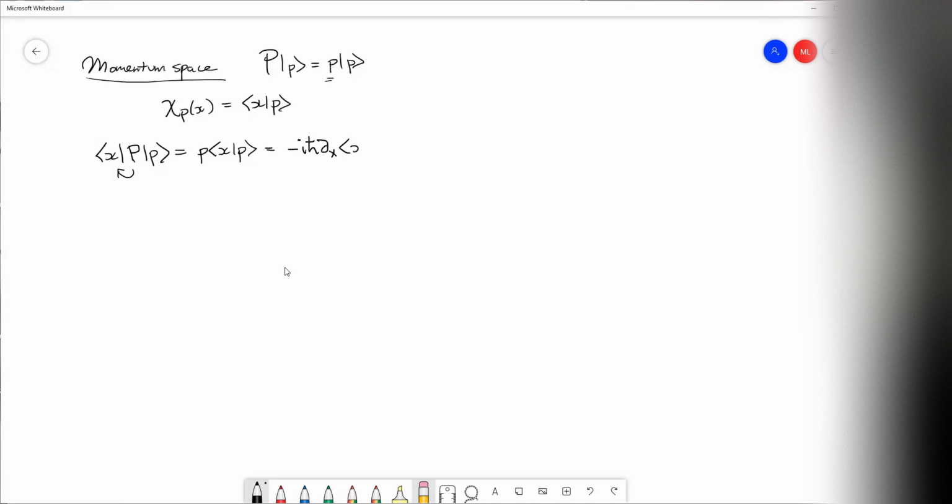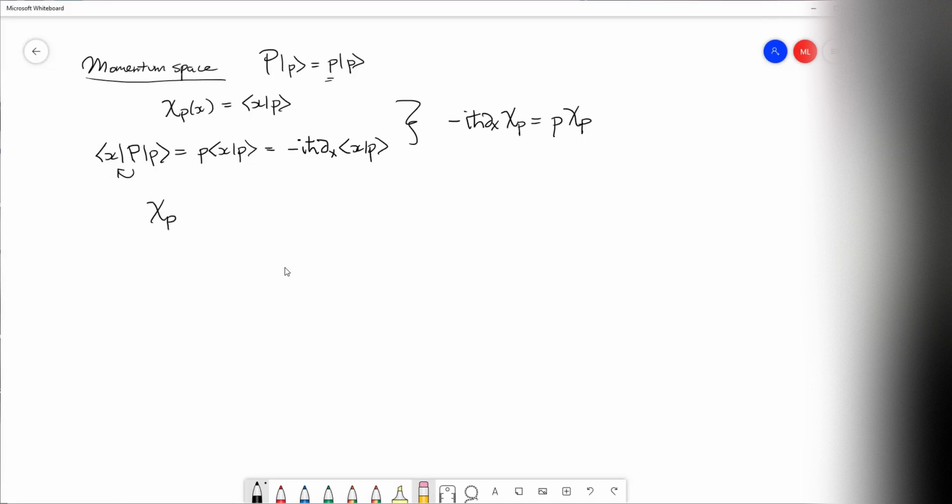Now this acts on ⟨x|p⟩. So you get a little differential equation for this χ of p. You get that minus iħ derivative with respect to x of this χ of p is equal to p times χ of p. And this has a solution.